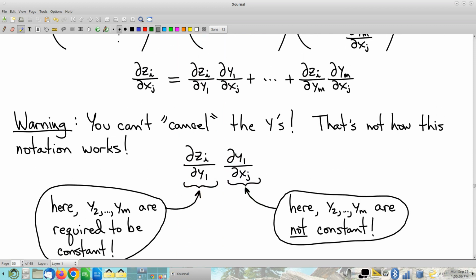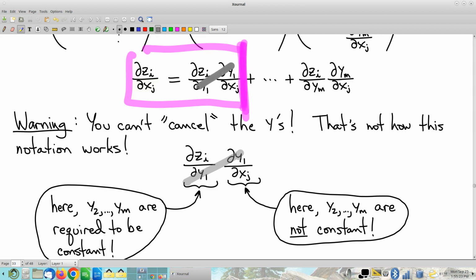Aside from the fact that it is bad reasoning, it's also going to give you a wrong answer, because if you could cancel these, then your equation should have ended right there. After all, that cancels with that. Does that make sense to everybody? Okay. And of course, all of these other terms actually do have to be there, and they are important.